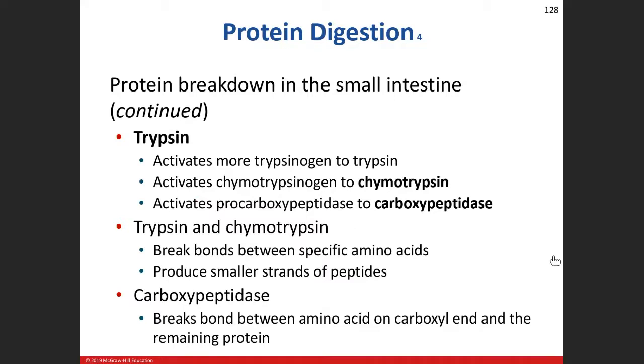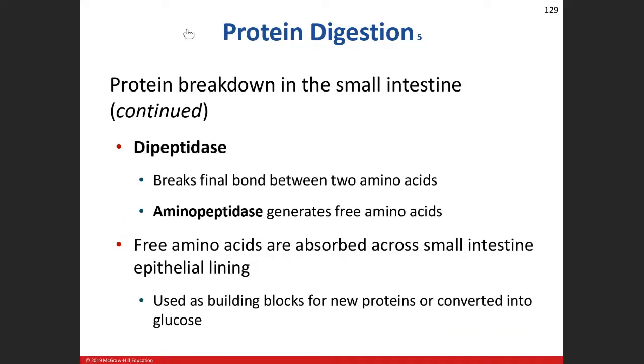Okay, and then we have these 2 final brush border enzymes, which is called dipeptidase. Obviously, when you have 2 amino acids bound to one another, that's a dipeptide. So this enzyme will cleave here, giving us 2 individual amino acids, and then you have this enzyme here, which is an aminopeptidase.